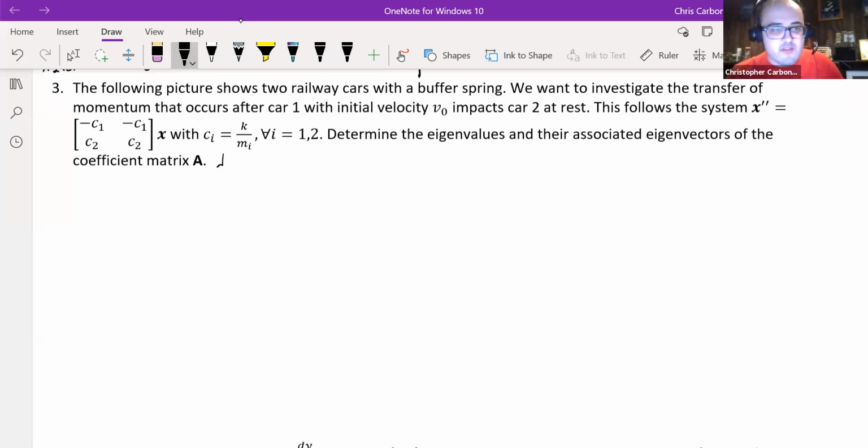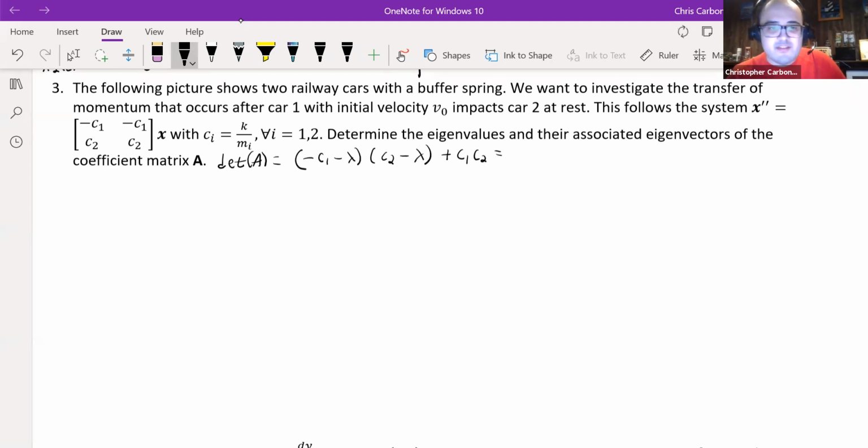So the determinant of A that we will get from this, when we subtract lambda across that main diagonal, we are going to get negative c sub 1 minus lambda times c sub 2 minus lambda. We have negative c sub 1 times c sub 2. That will give us positive c sub 1 times c sub 2.